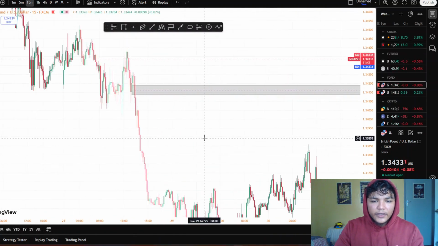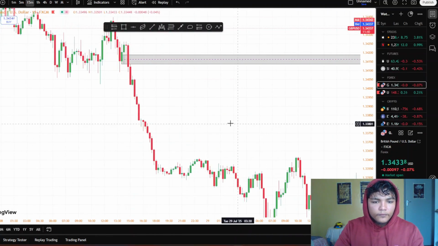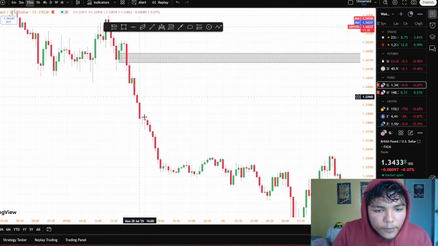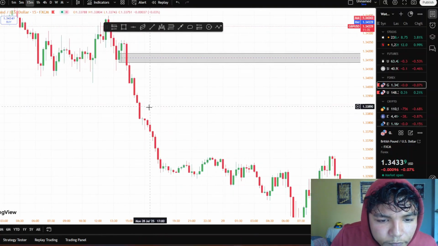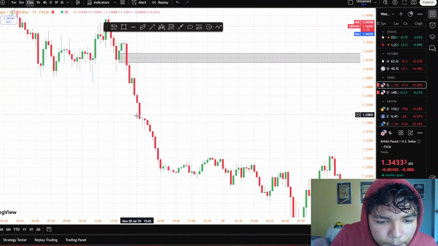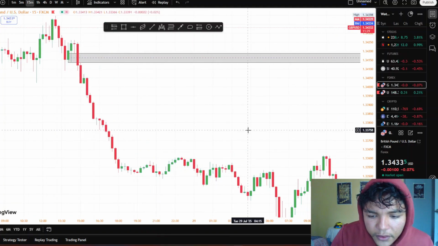It hasn't been filled yet. Here we have an order block. And here we have another gap. Nope, the small one. No, that's too insignificant.